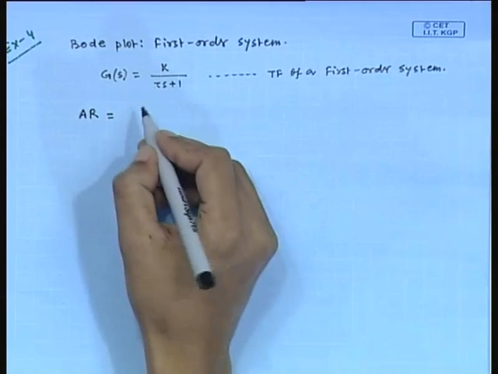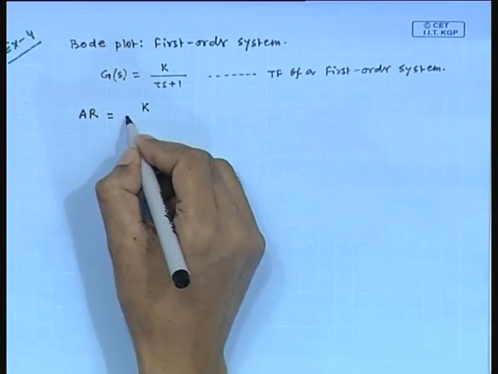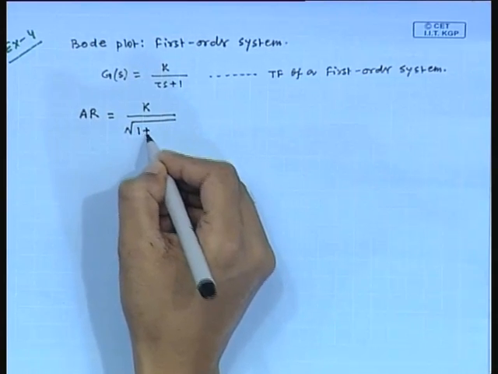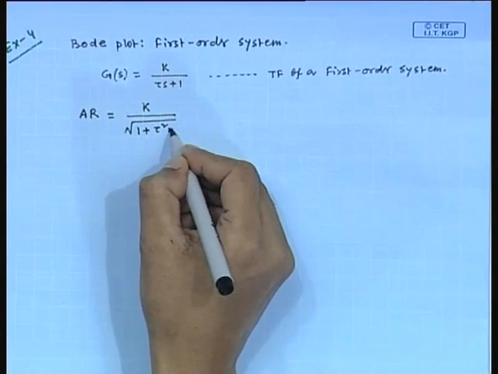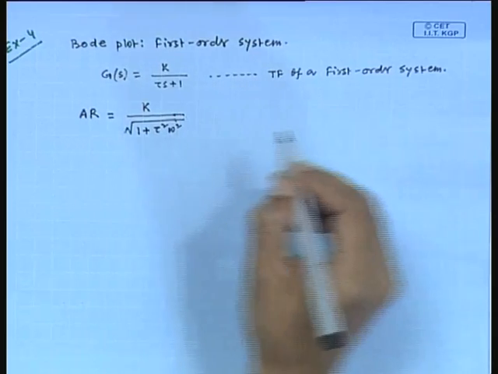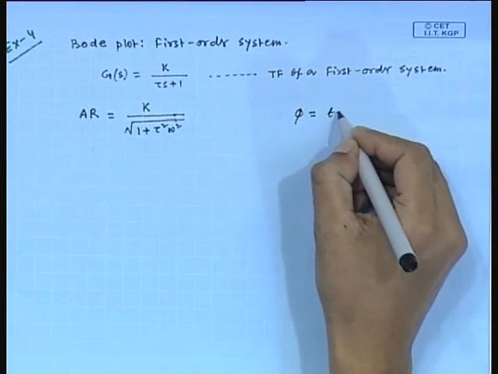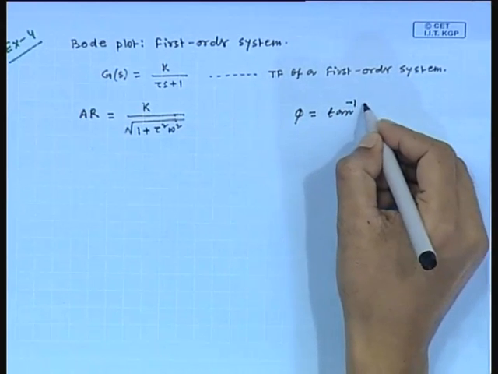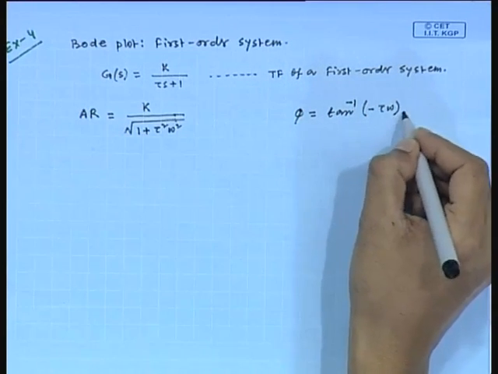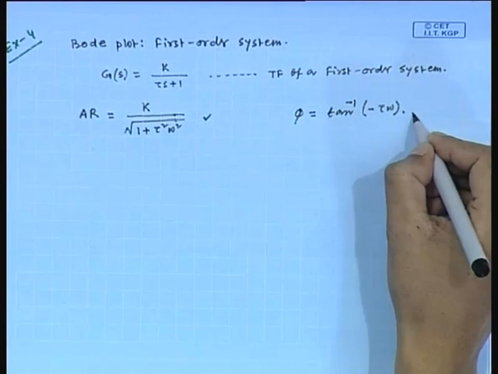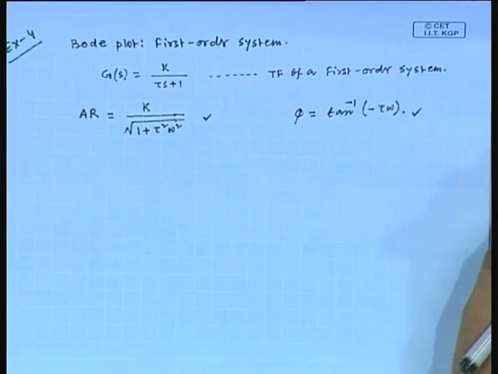There, amplitude ratio equals K divided by root over 1 plus tau square omega square, and phase angle phi equals tan inverse of minus tau omega. Fine. For a first order system, this is the expression for amplitude ratio and this is the expression for phase angle.